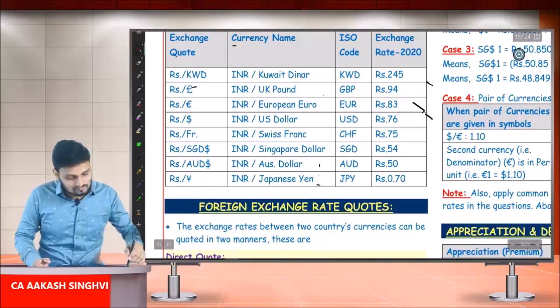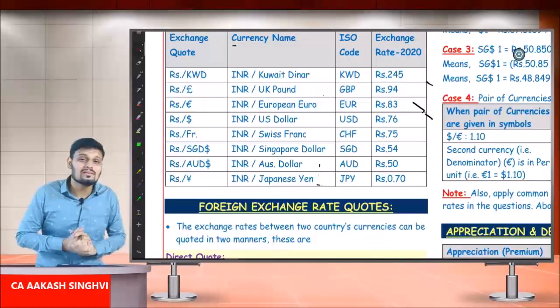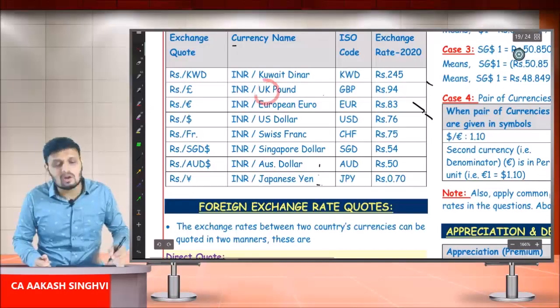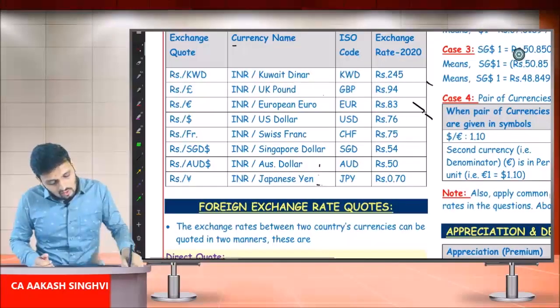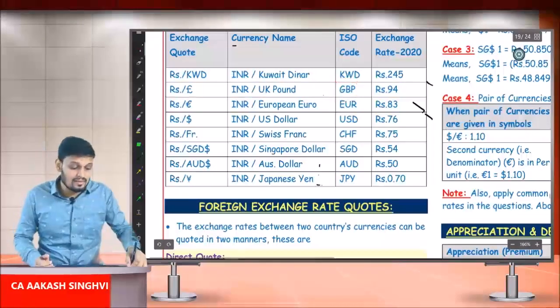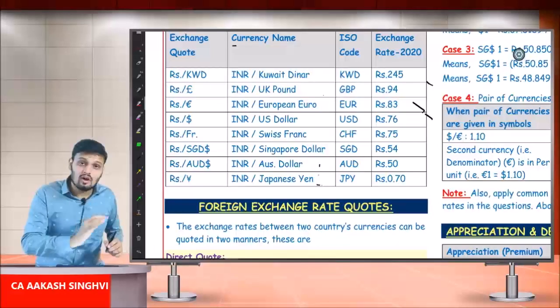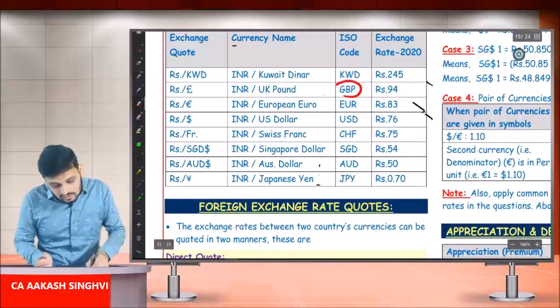The next one, rupee per pound. A pound is used in which country? Generally Great Britain, where we use pounds, which are also known as UK pounds, United Kingdom. So the ISO code for pounds is GBP. Guys, I want to stress the ISO code because of late ICAI has been asking questions based on this ISO code.